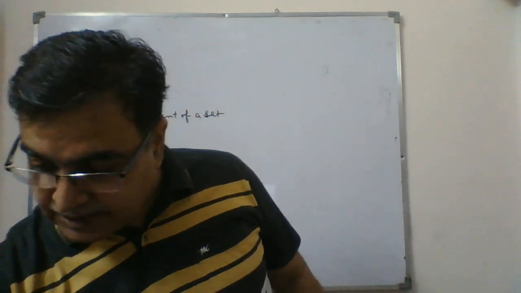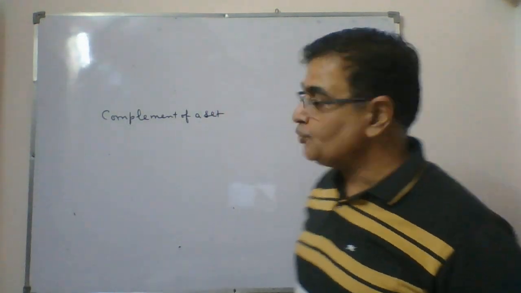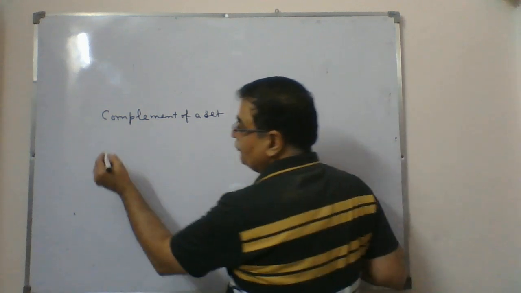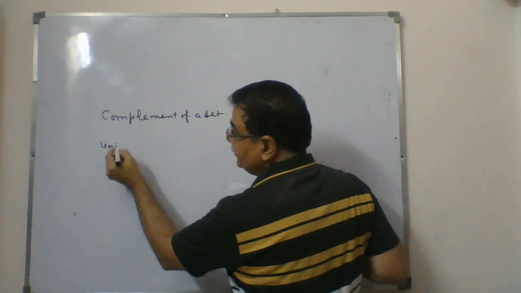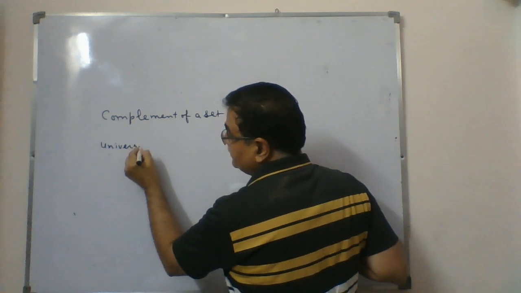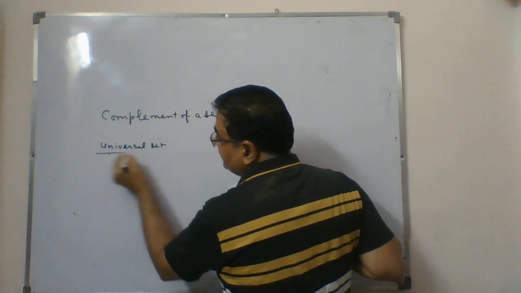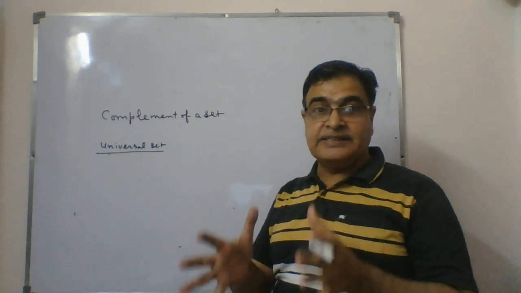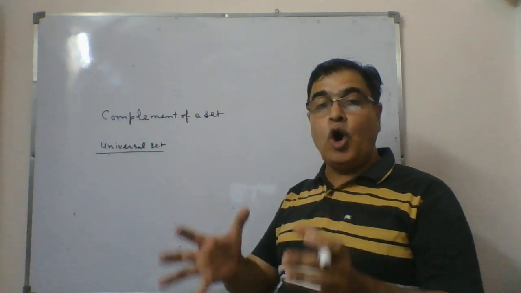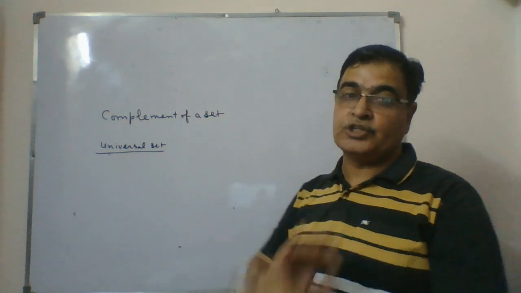And when you start the complement of a set, the first thing which we should remember is the universal set. I told you the universal set will be denoted by a rectangle. Now what is the universal set? The universal set is nothing but a set which contains all the given sets in the question.